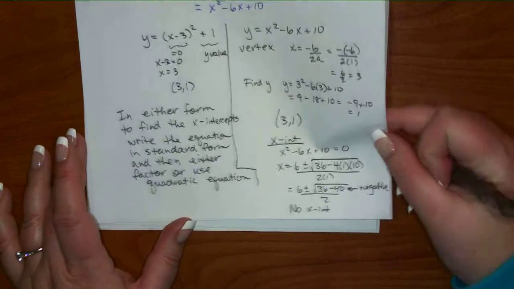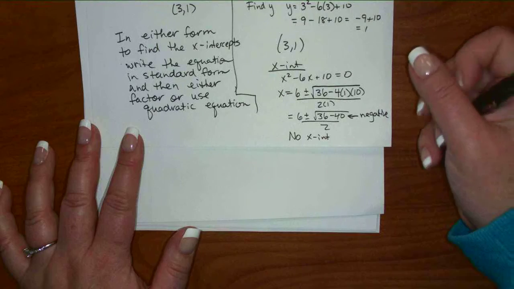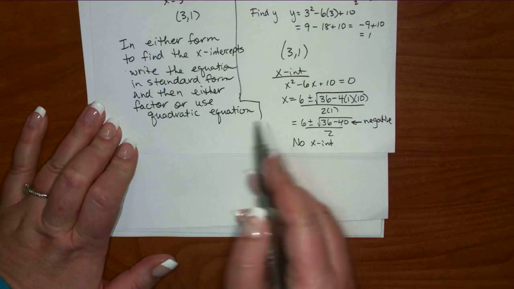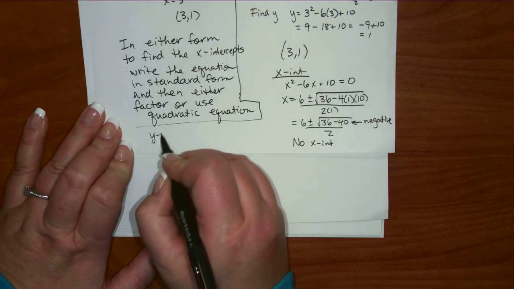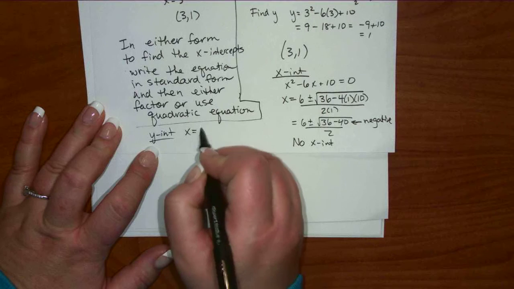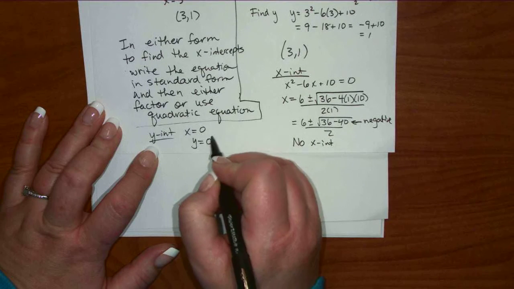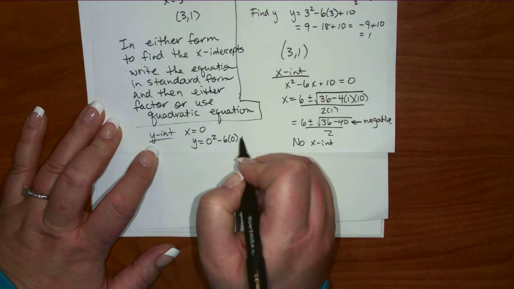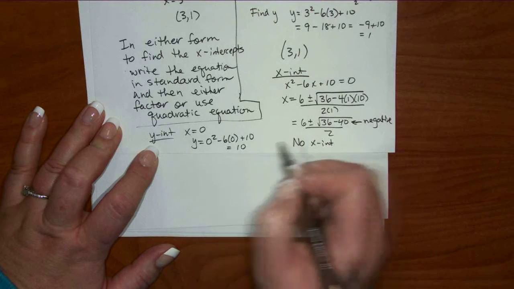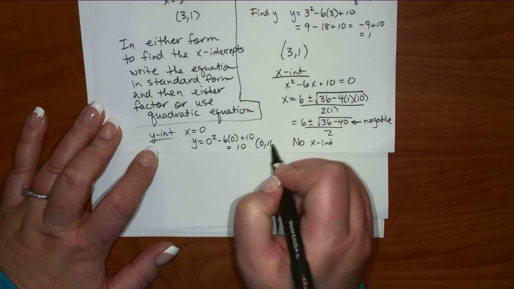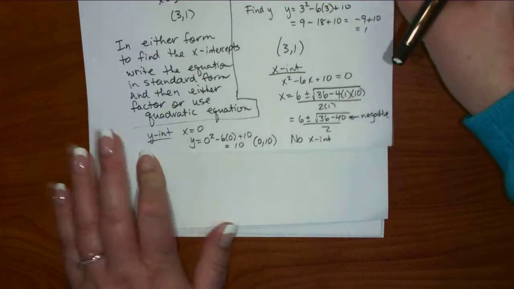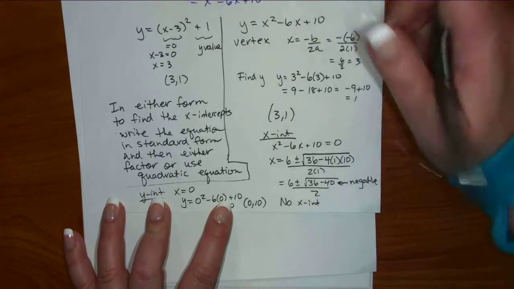So what about the y-intercept? Let's squish it in, because it's easy. That's the one where you let x equal 0. So 0 squared minus 6 times 0 plus 10 is 10. So 0, 10. Now if you plugged it in here, what would you get?